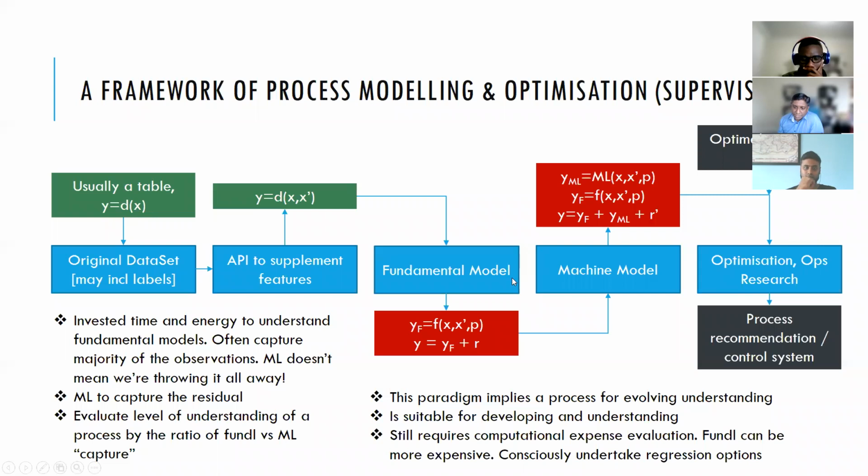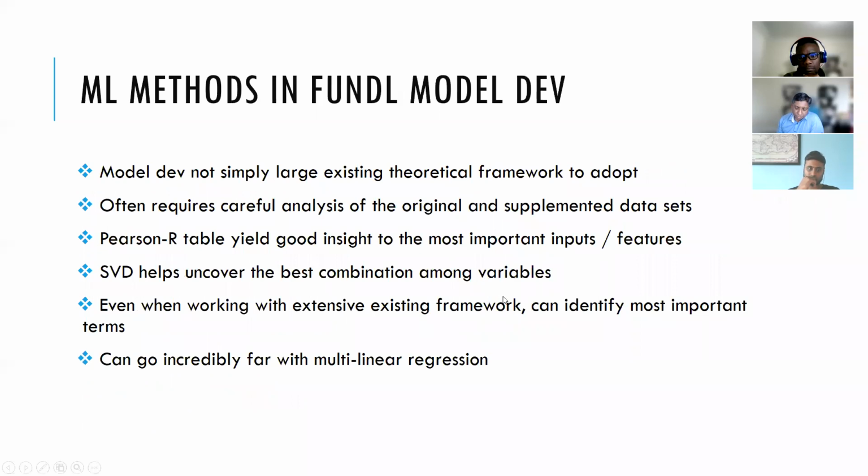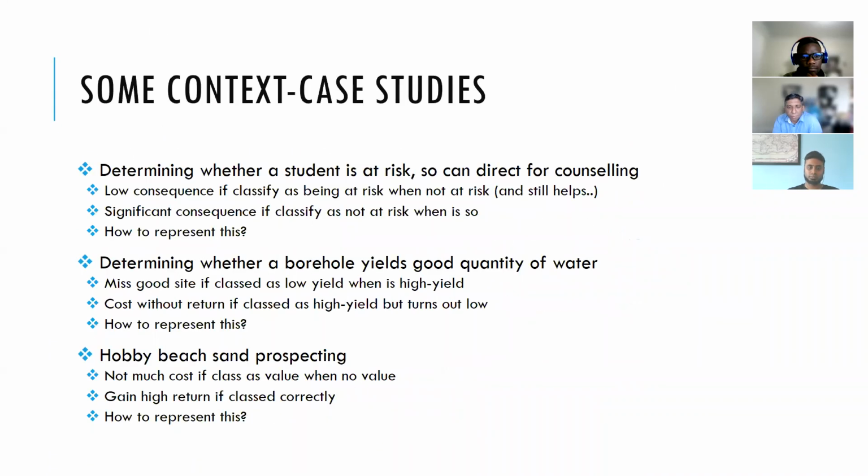So fitting, it's not quite the same as your machine learning. It's still a continuous variable fitting, but that's another important way to improve your accuracy. Okay, so that's the fact that we can use machine learning to accelerate our fundamental model development.